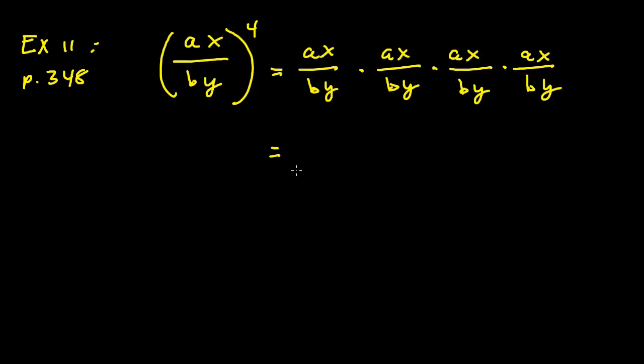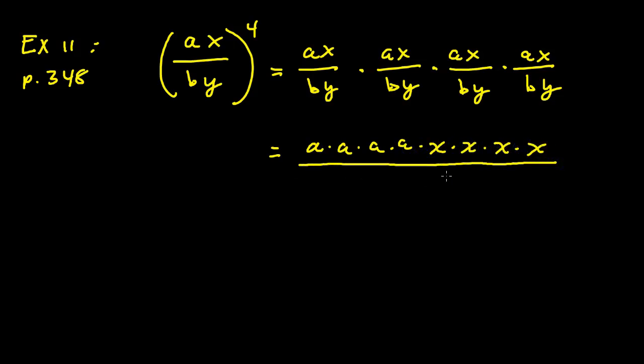The associative rule for multiplication and the commutative rule for multiplication says I can arrange all these factors any way I like. I've got 4 factors of a in the numerator, 4 factors of x in the numerator, similarly 4 factors of b in the denominator, times 4 factors of y in the denominator.